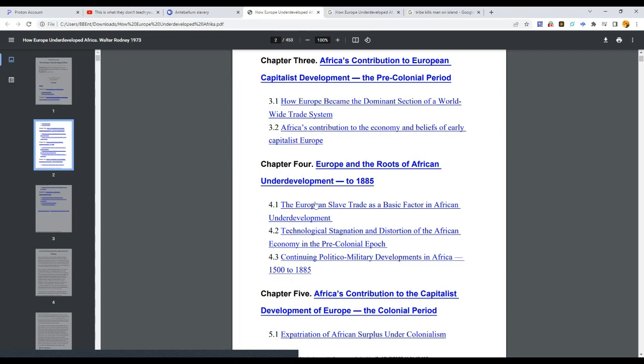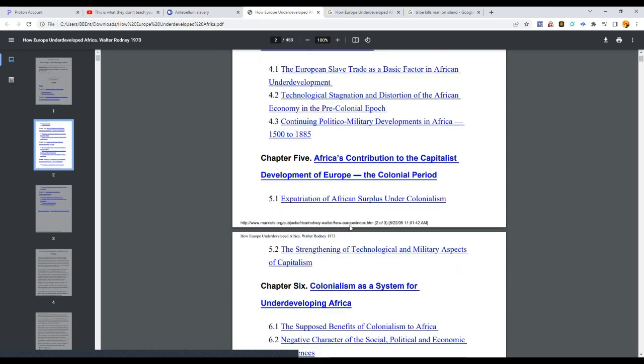It did not stop. 4.1, the European enslavement trade as a basic factor in African underdevelopment. 4.2, technological stagnation and distortion of the African economy in the pre-colonial epoch. 4.3, continuing political military developments in Africa, 1500 to 1885.